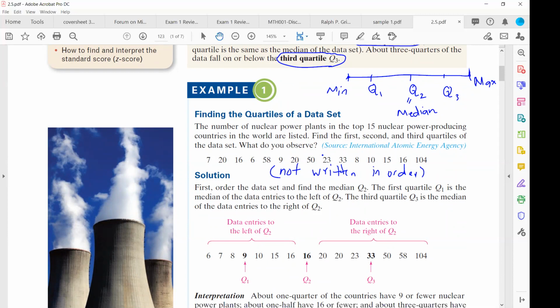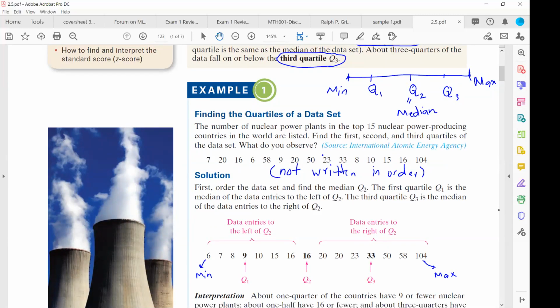Then you have 23, 33, 50, 58, and 104. It seems like 104 is an outlier. So the minimum value in your collection is 6, the maximum value in your collection is 104.